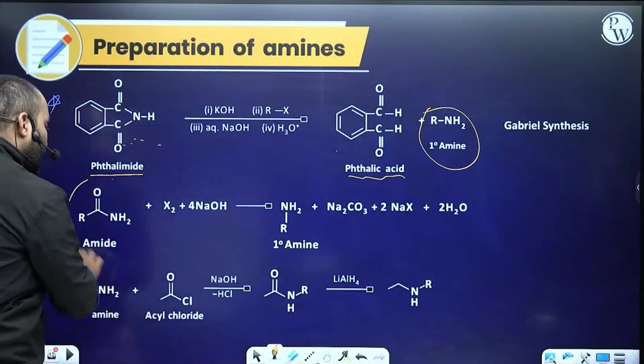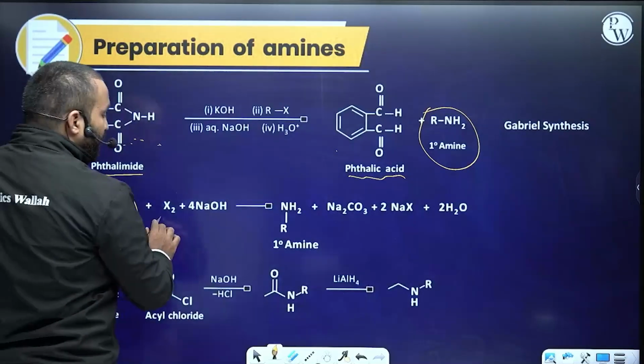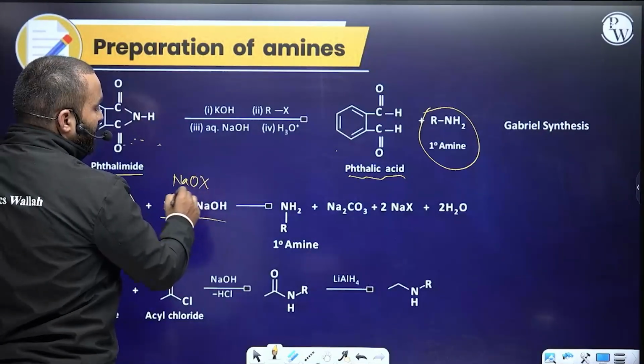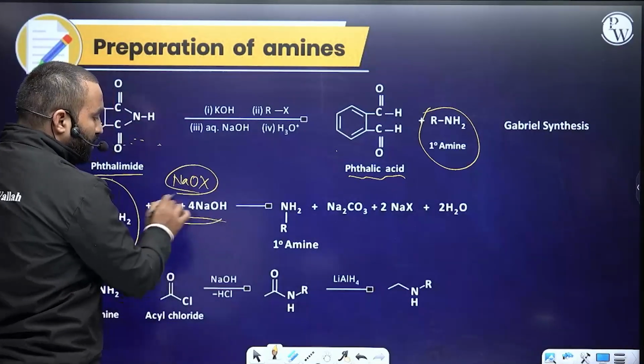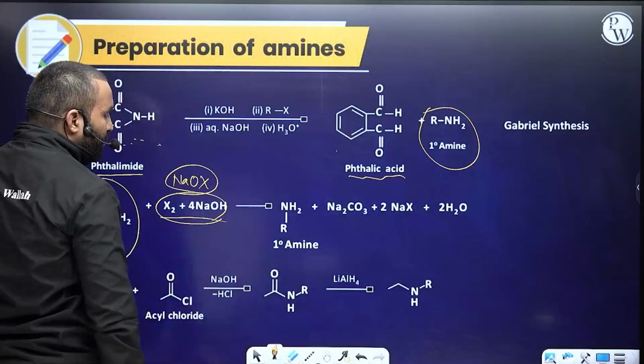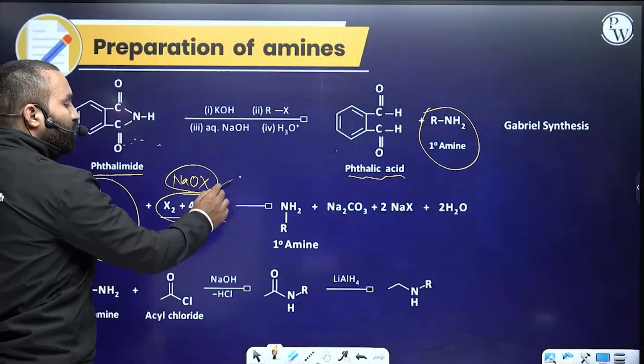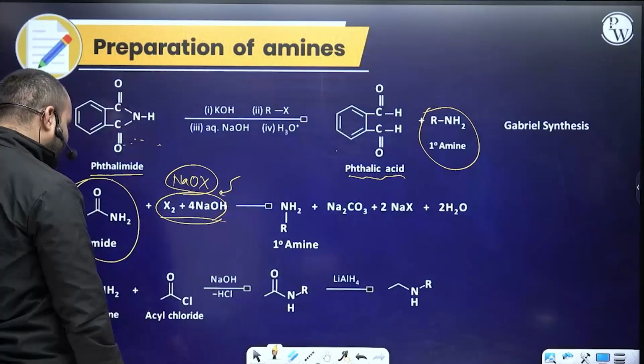Second method: an amide can be treated with X2 and NaOH, or in short you can say NaOX, because these two will react together to produce NaOX. Although it depends upon the concentration of NaOH. Let me write that equation also.